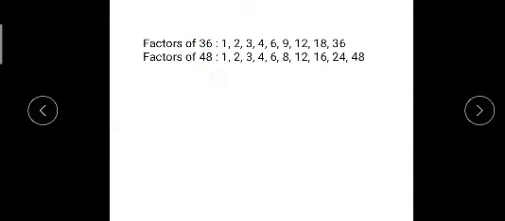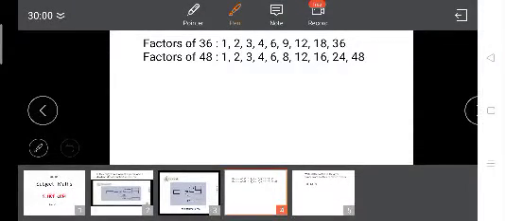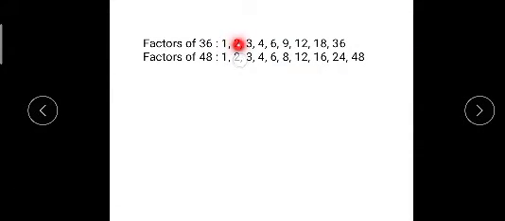Another one is 2. You can see 36 can be divided by 2, right? The 3 also. 36 can be divided by 3, 4, 6, 9, 12, 18 and 36.